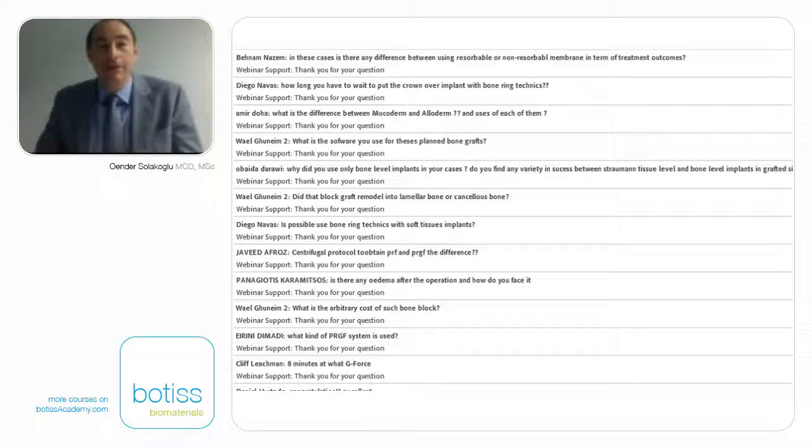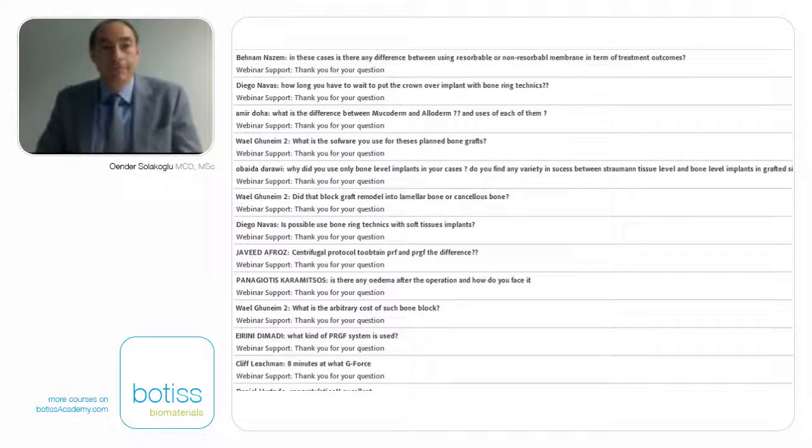And I also like to have the option of primary closure that in some instances with tissue level implants you don't have. So if I use tissue level implants in grafted sites, sometimes I graft at the time of implant placement, again the second time, and then I have the freedom of achieving primary closure very easily. But that's a very good question, thanks.